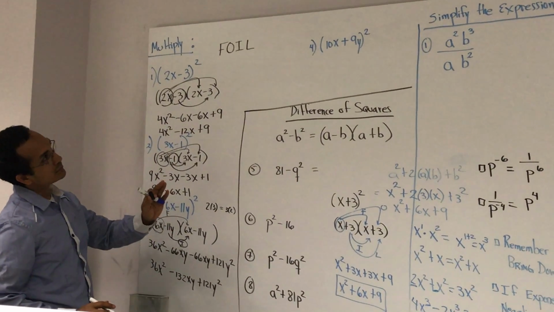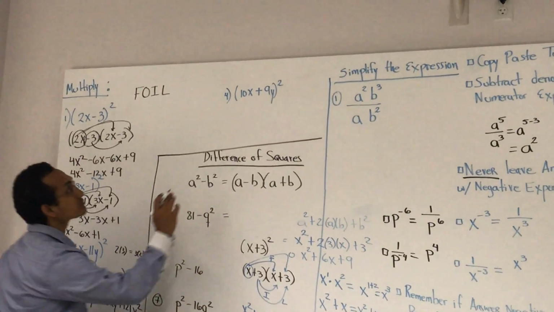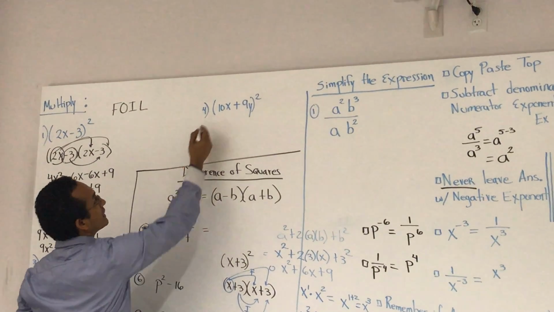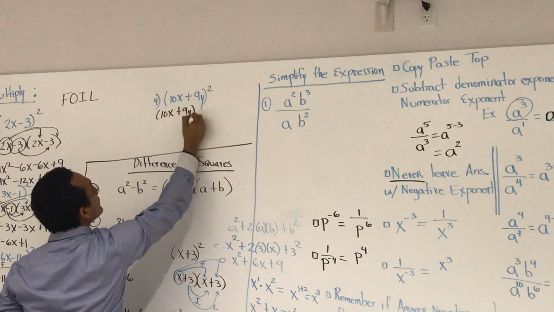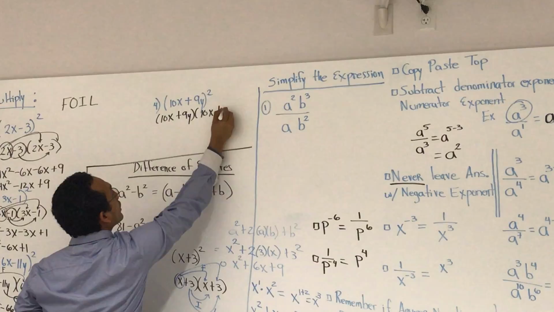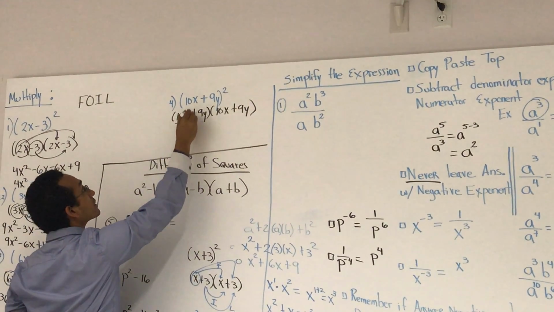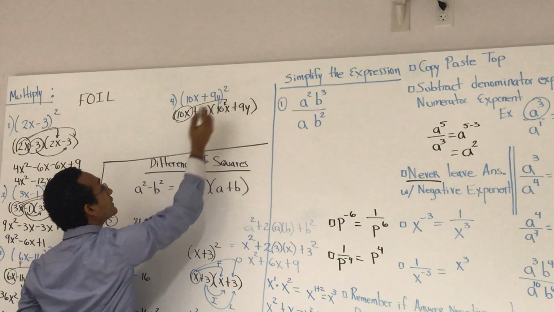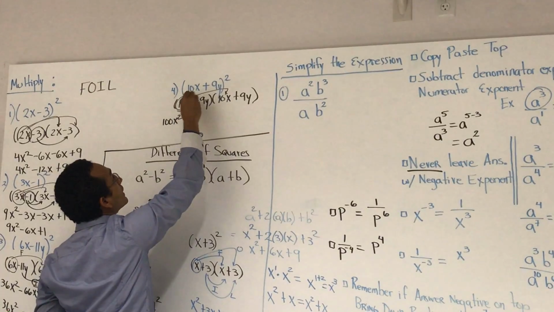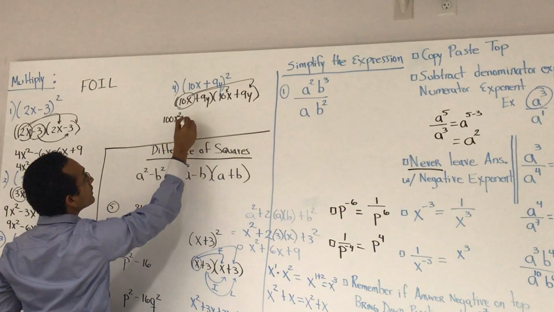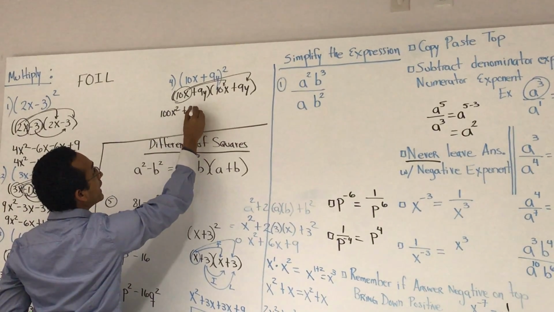Okay, so we'll do this one and then we'll jump to the difference of squares. This one, copy paste, right? 10x plus 9y, 10x plus 9y. First, this one comes out, right? That becomes 100x squared. This one times that one becomes 10 times 9, 90xy.